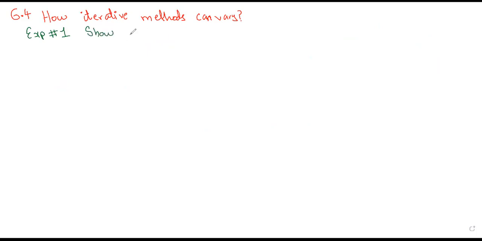show that the iterative formula x(n+1) equals 7 plus 3 by xn.